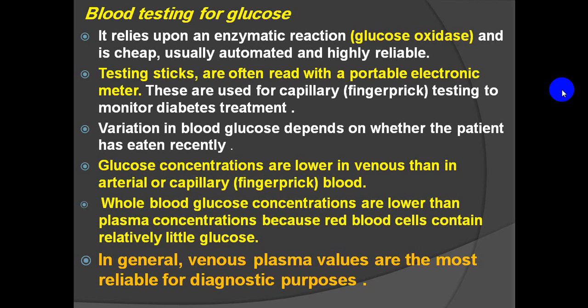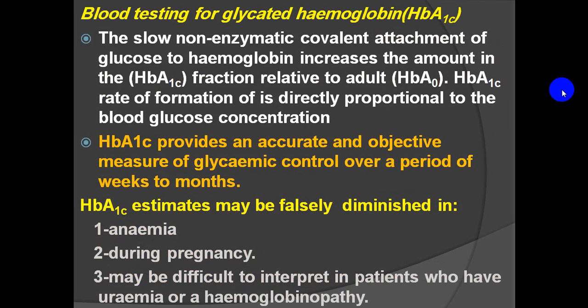Keep in mind that glucose concentrations are lower in venous than in arterial or capillary blood. Also, whole blood glucose concentrations are lower than plasma glucose concentrations. However, venous plasma values are the most reliable for diagnostic purposes. Also in diabetes mellitus, we may do blood testing for glycated hemoglobin.